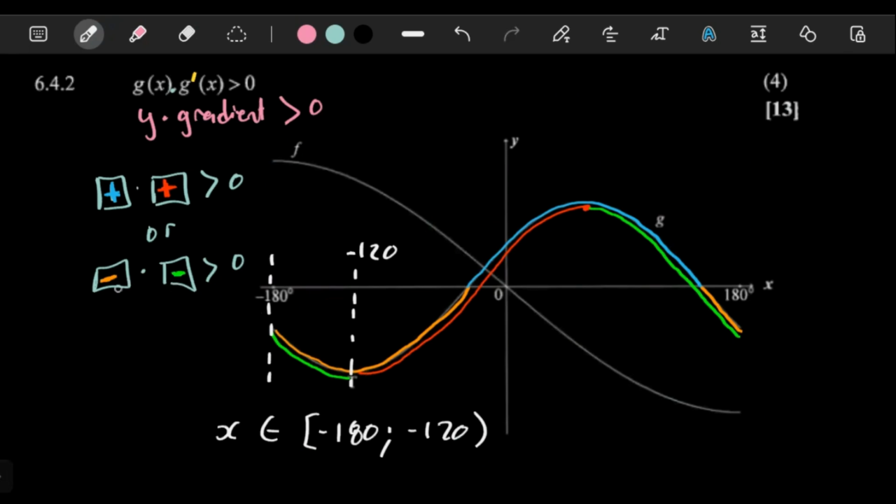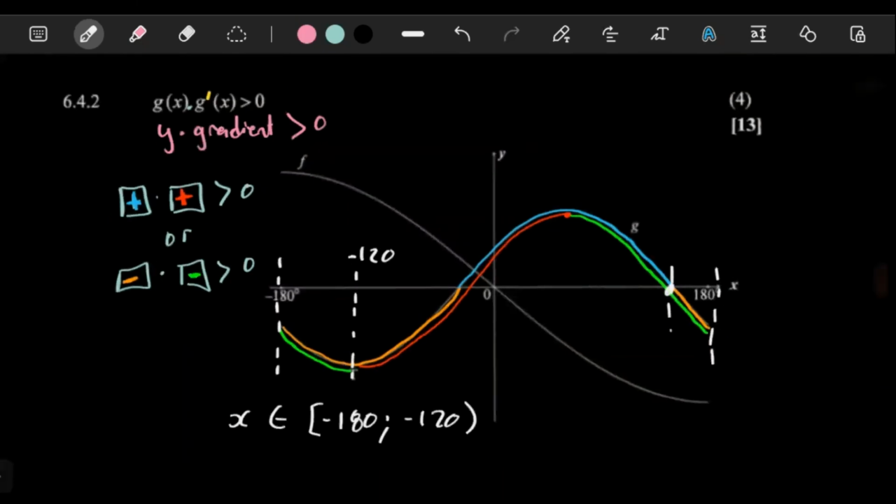And then we also need to look for other cases where you have green and orange, you see. And that's over here. You have some green there and some orange. So in terms of your answer here, you can see that this x value here, we worked it out to be 150. So from 150 to 180. You're going to have to say here, x is an element of, specifically here, the y value is equal to 0.